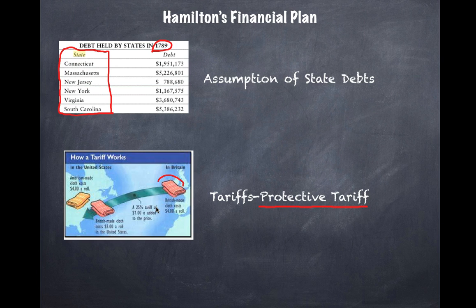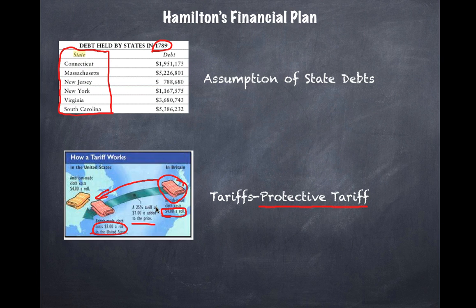So if we look at British cloth over here that's coming to the United States, and it costs $4 a roll, the United States would put a tax on it called a tariff. And if we put the 25% tariff on British products, in this case cloth, that cloth would cost $5 a roll in the United States.